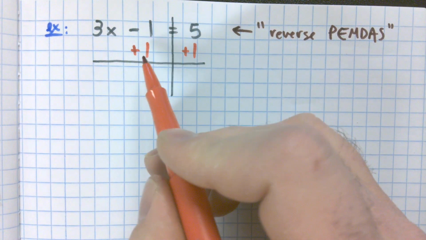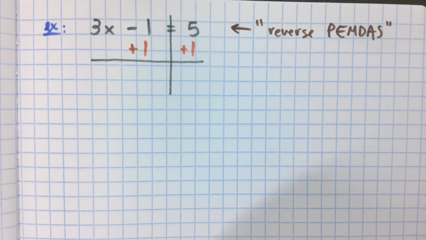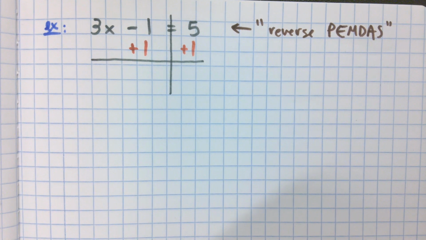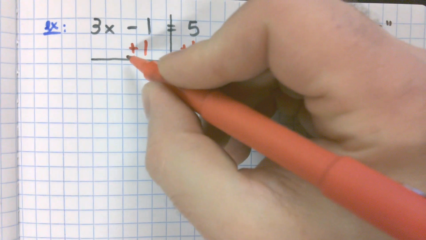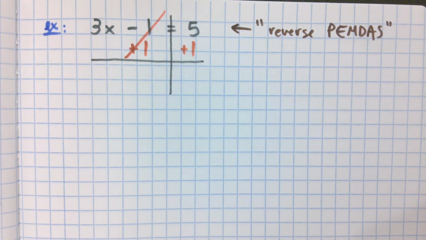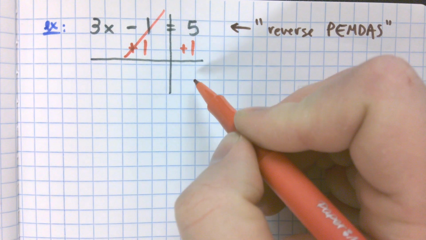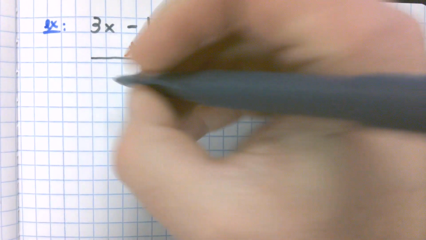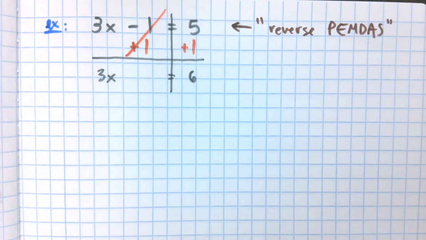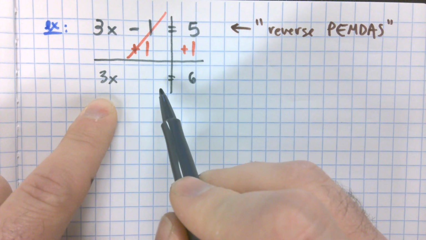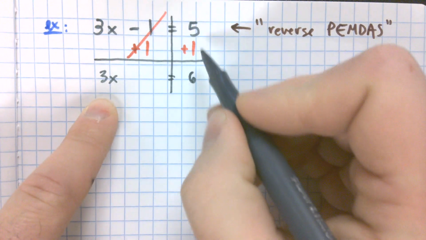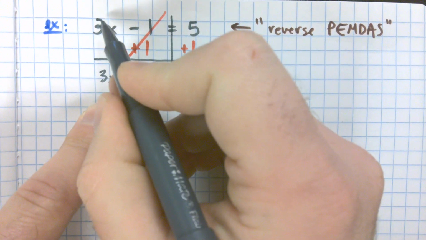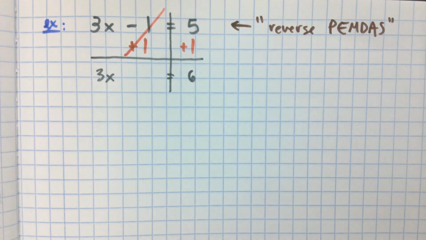What is negative 1 plus 1? 0, so we can cross them out. What is 5 plus 1? 6. We've got 3x equals 6 now, right? 5 plus 1 gives us 6. We bring that 3x right down.